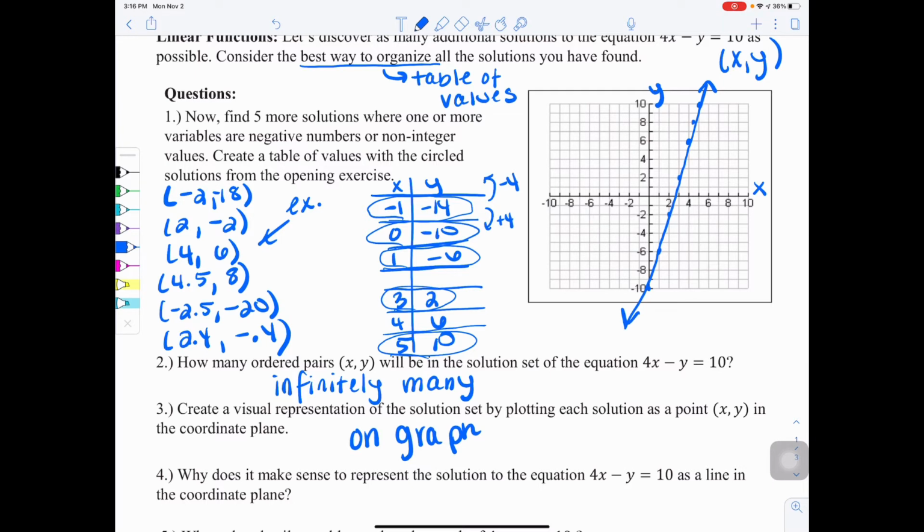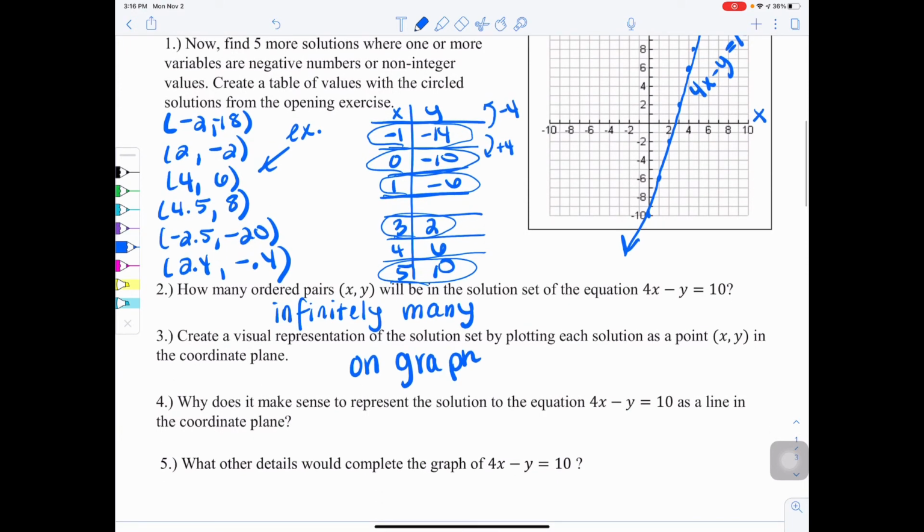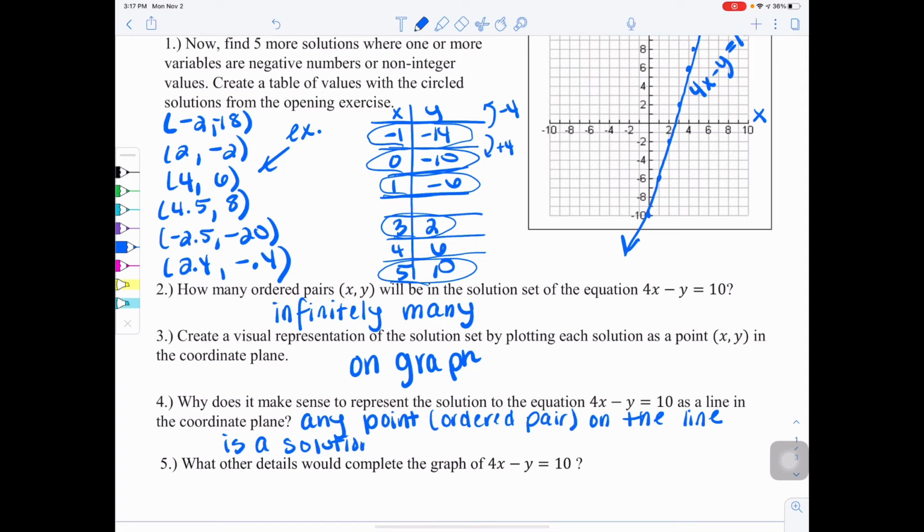And we also want to make sure that we label with the original equation. So 4x minus y equals 10 is going to be written next to it as the equation of the line. So again, for number 4, why does it make sense to use a line to represent this? This is because any point or ordered pair, x, y, on the line is a solution to the equation.